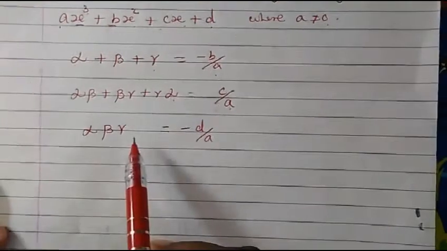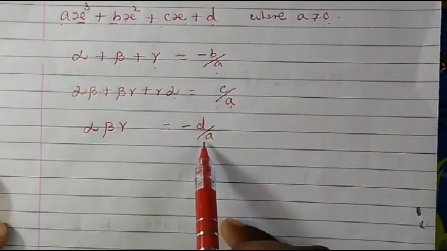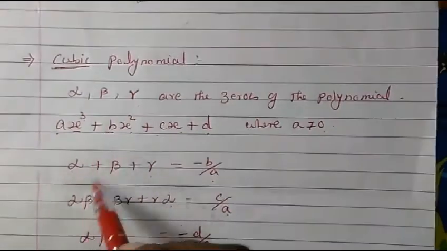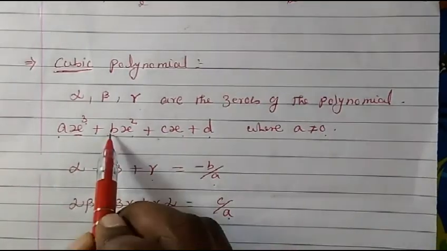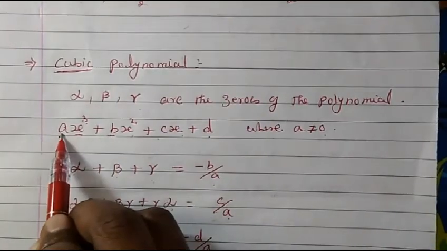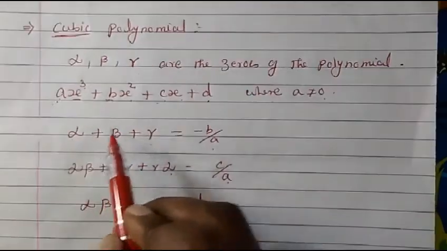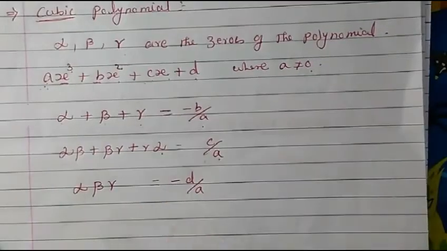And the product of all three zeros will be minus d upon a. You can remember it like this: first you write minus b upon a, second c upon a, and third minus d upon a. That way you can remember this formula.